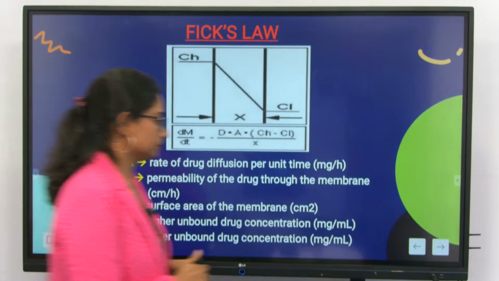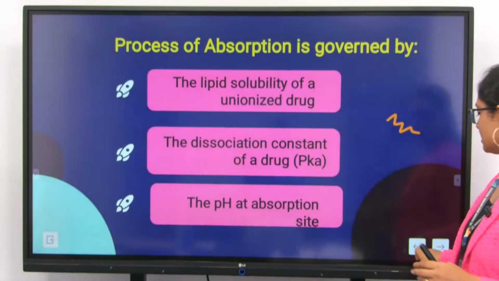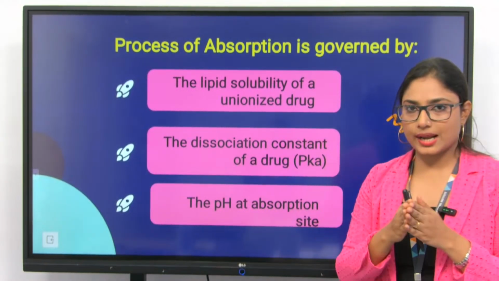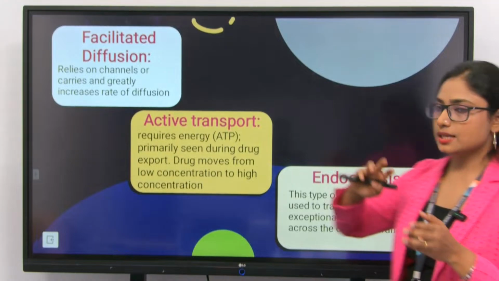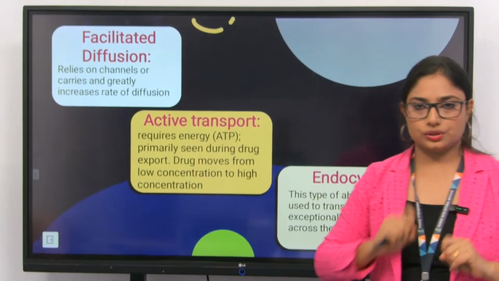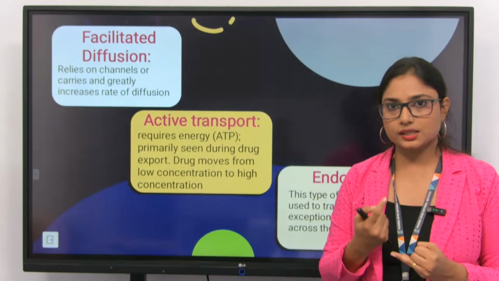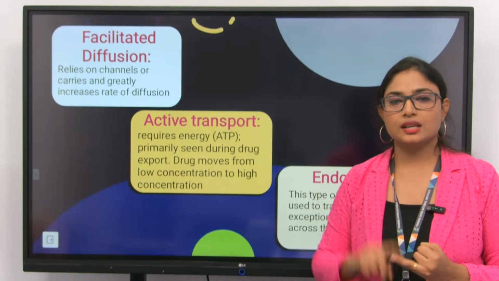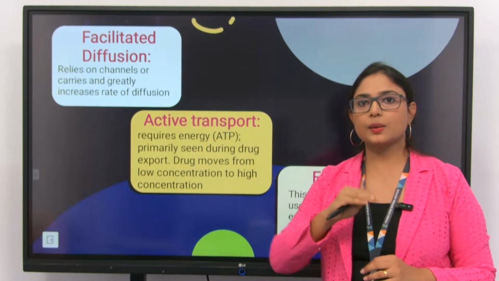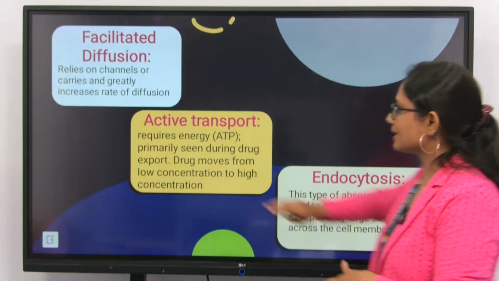Next. Suppose the drug is lipophilic, unionized and non-polar, it will undergo simple diffusion as I have explained. Suppose the drug is hydrophilic, ionized, or polar, how can it get absorbed or cross the cell membrane? There comes facilitated diffusion.